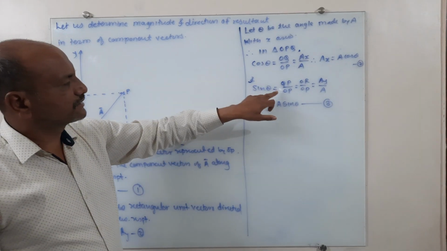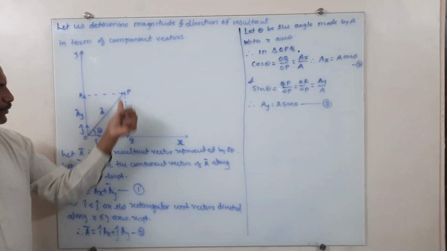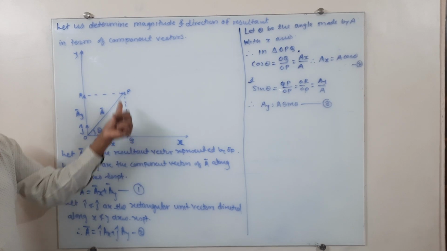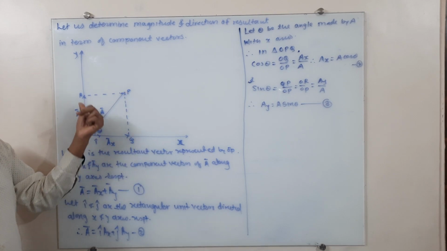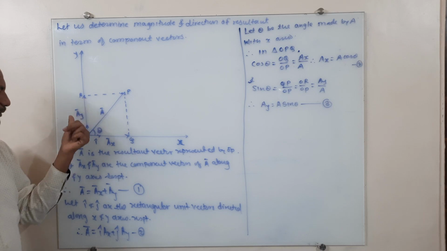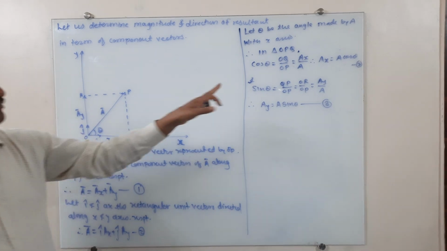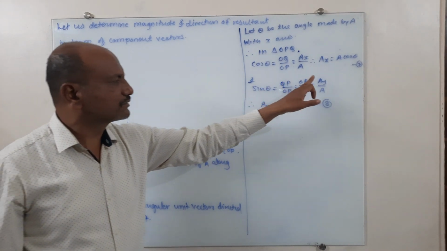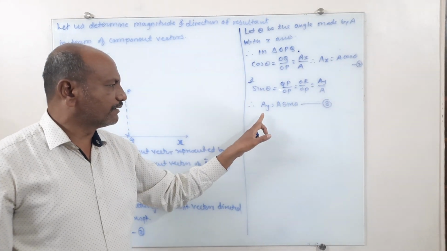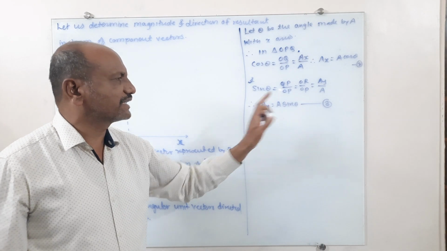Sin theta is equal to QP upon OP, but QP is equal and parallel to OR, but OR is the magnitude of Ay. Therefore, sin theta is equal to Ay upon A. Finally, Ay is equal to A sin theta.